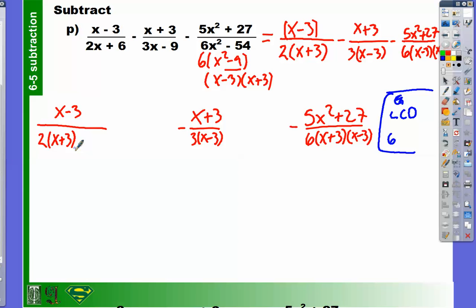This fraction also has an x plus 3, and this one has an x plus 3, so that's nice. This one has a 3. Well, 3 also goes into 6, so that one's taken care of by the 6. I have an x minus 3. And I notice that my least common denominator matches this denominator here. So the question is, what do I need to multiply 2 times x plus 3?